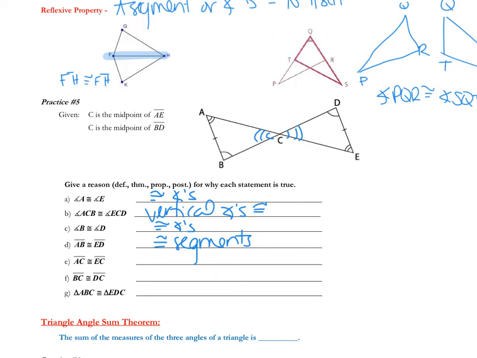And then this one right here says AC is congruent to EC. And if you go back to the given, it says C is the midpoint of AE. Therefore, this is the definition of a midpoint. That's the reason why those two are congruent. And then the same thing here, it says C is the midpoint of BD.